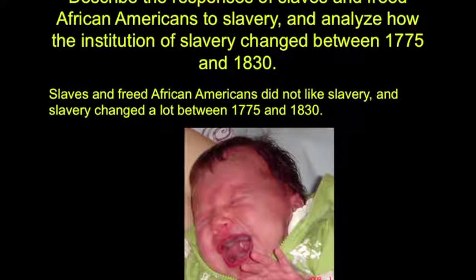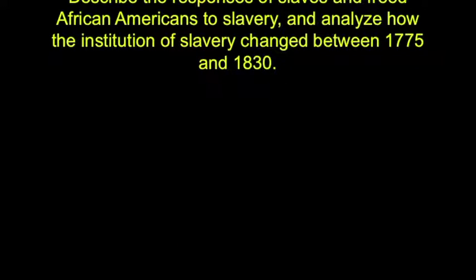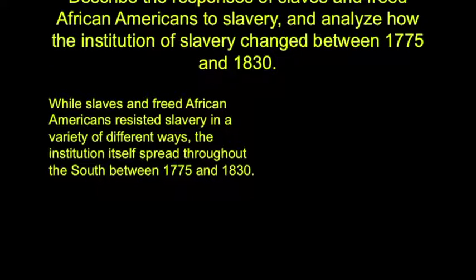A B thesis to the question above might read, while slaves and freed African Americans resisted slavery in a variety of different ways, the institution itself spread throughout the South between 1775 and 1830.